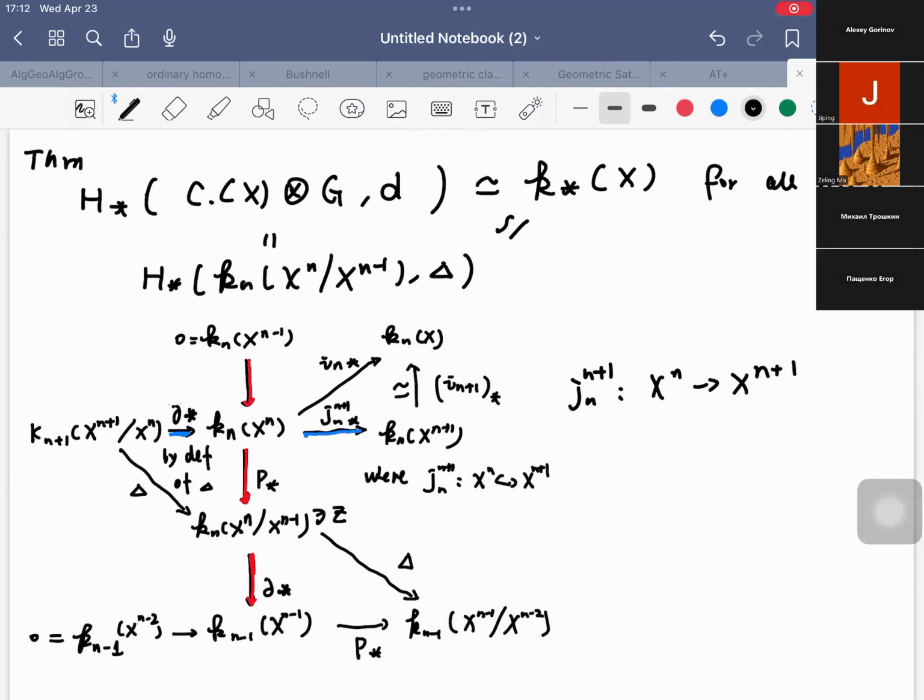Sorry, this is notation, because maybe I have never introduced this notation. This part is just by the definition of the third, and this part is also by the definition of the third.